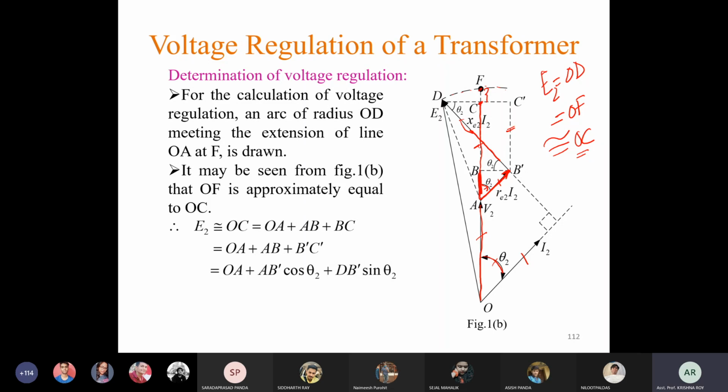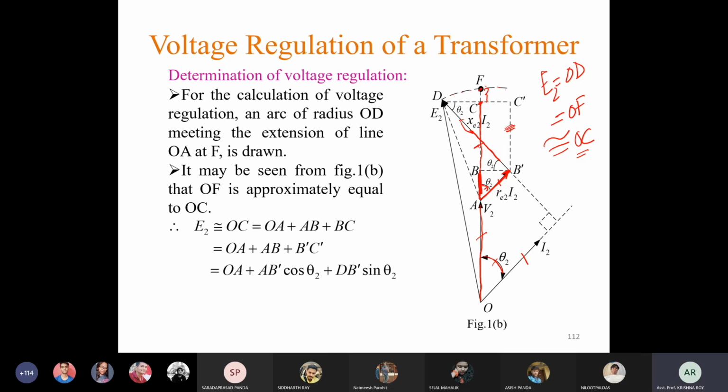So we have to express them in terms of these known lengths. That is why we are converting. So AB is equal to AB dashed cos theta 2, and then B dashed C dashed, this length.